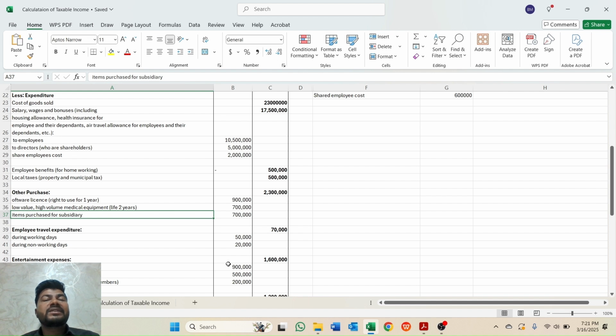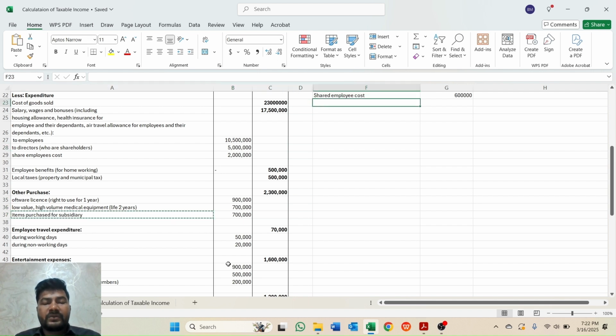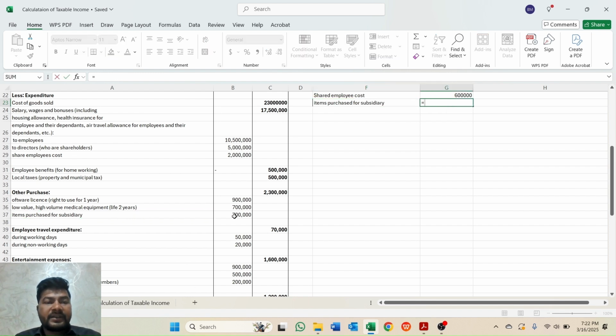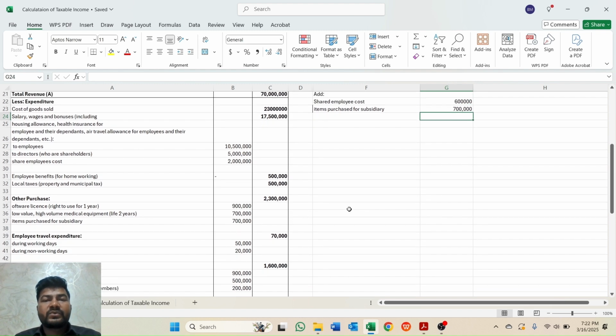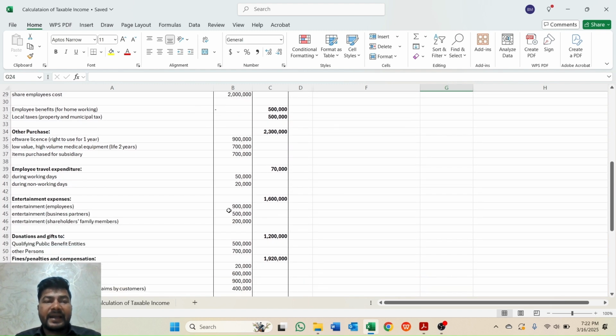There is no information mentioned regarding reimbursement. So we are assuming that this 700,000 is the unreimbursed amount, and this should be added back. So we'll add back to accounting income 700,000. Now you can see two items already added back.